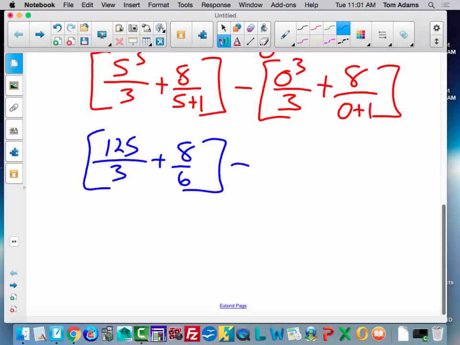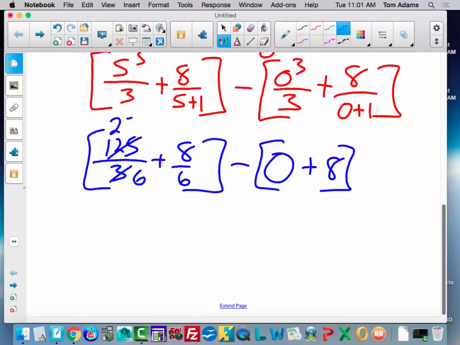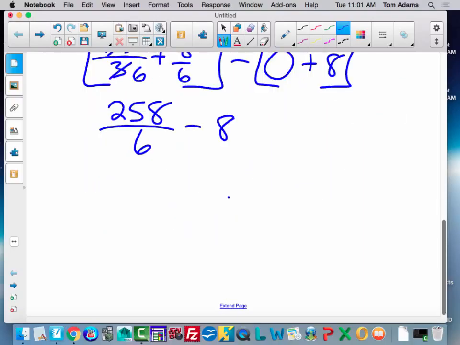Over here I've got 0 plus 8. With a common denominator, if I make this a 6, this has to become 250. So I get 258 all over 6 minus 8. How many times does 6 go into 258? 43 was the answer.